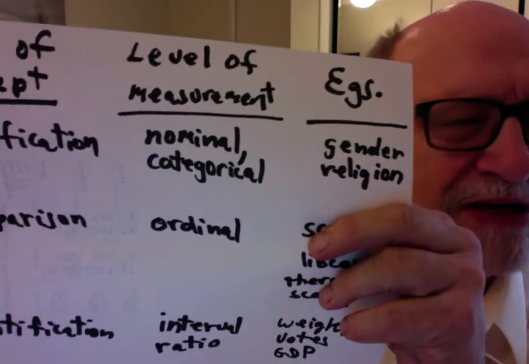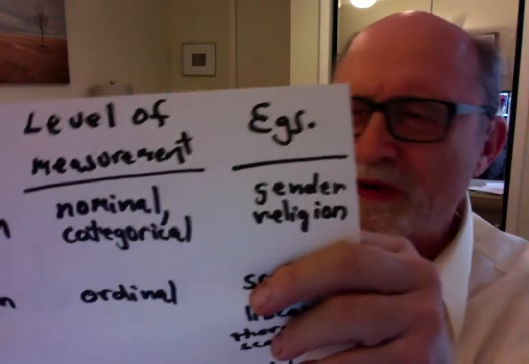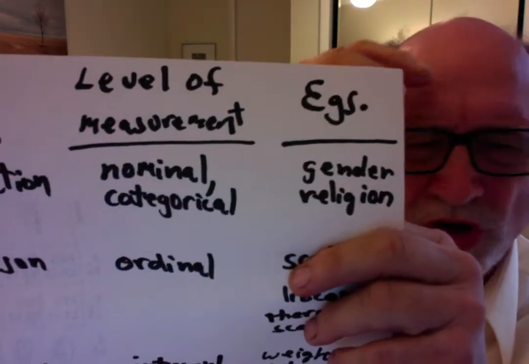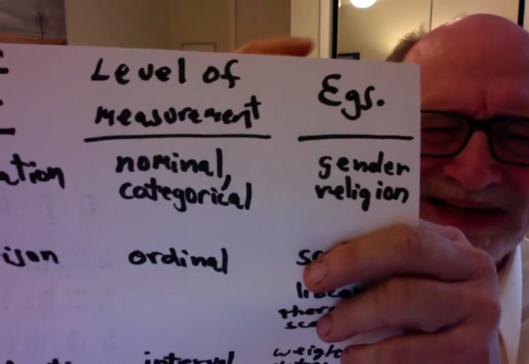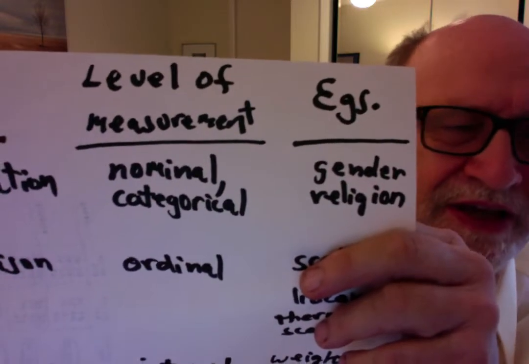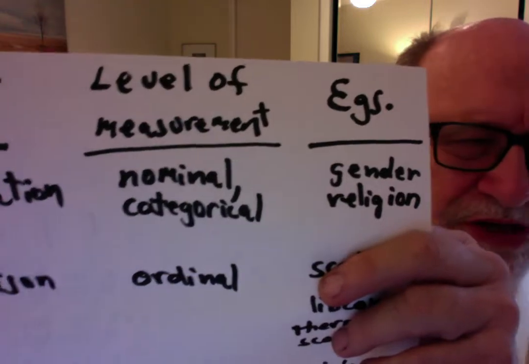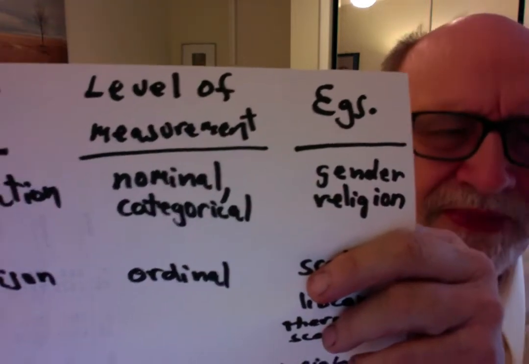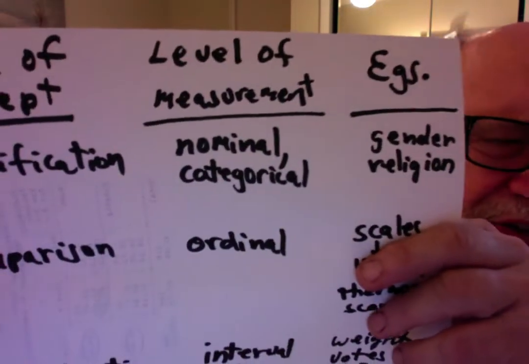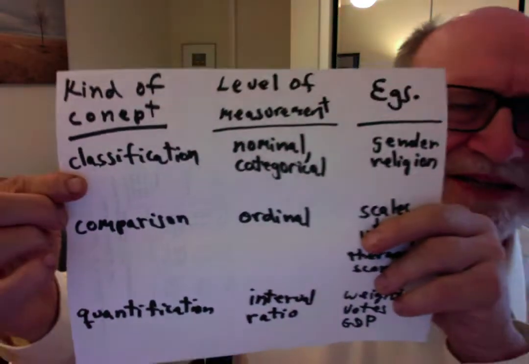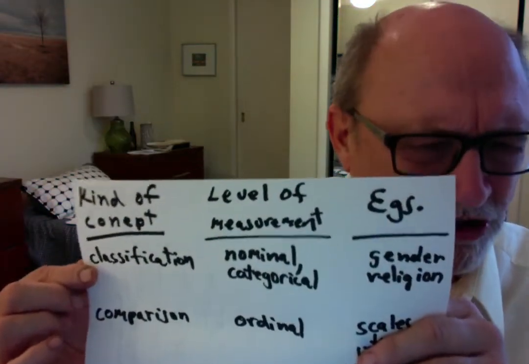So think of what classification concepts are like. We make observations of things in the world. We apply this concept, say, called religion. And then when we apply it, we put people into categories, religious categories. And think of how much information there's contained at this level of measurement. It's not very much.